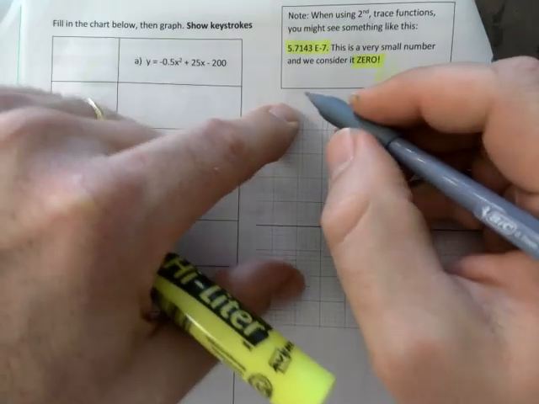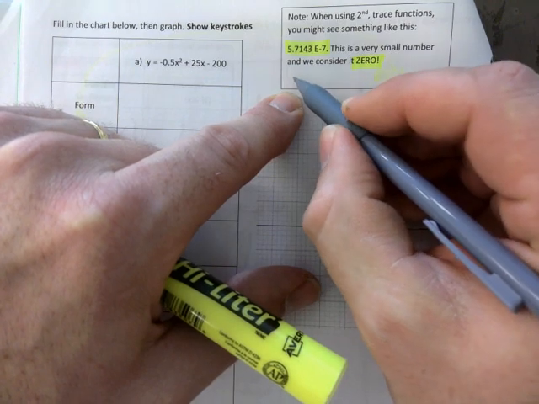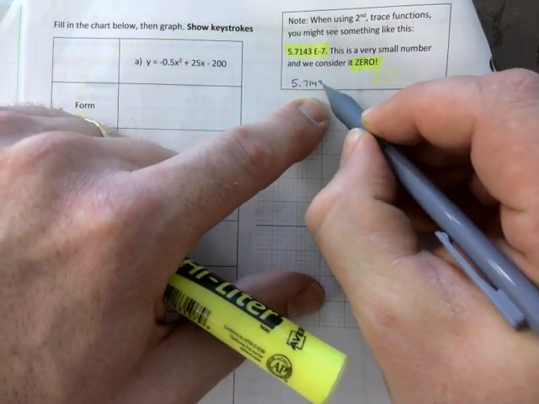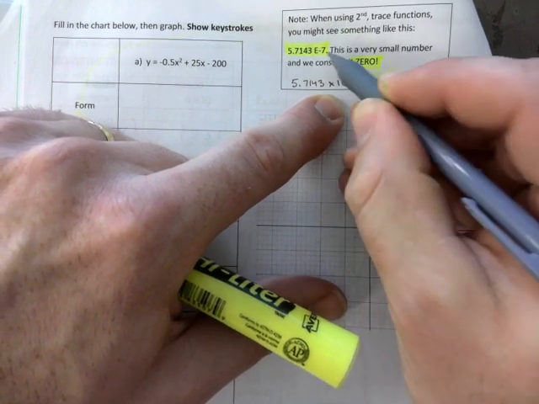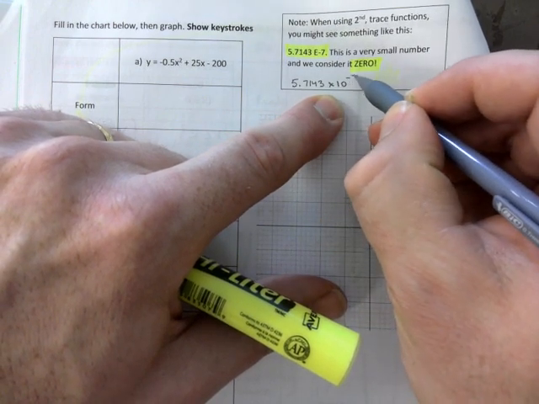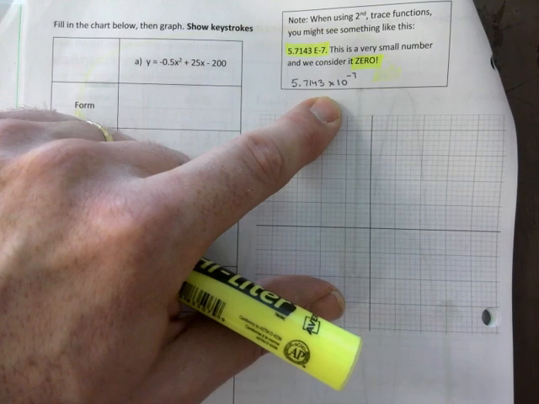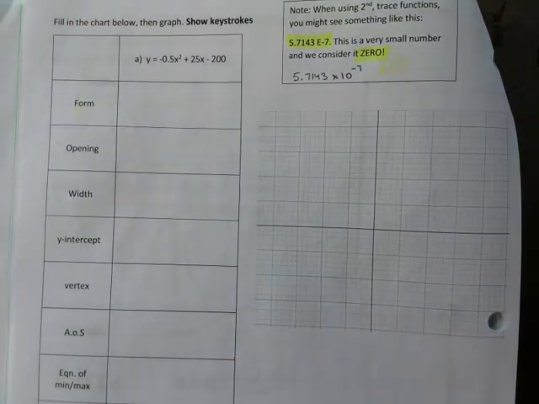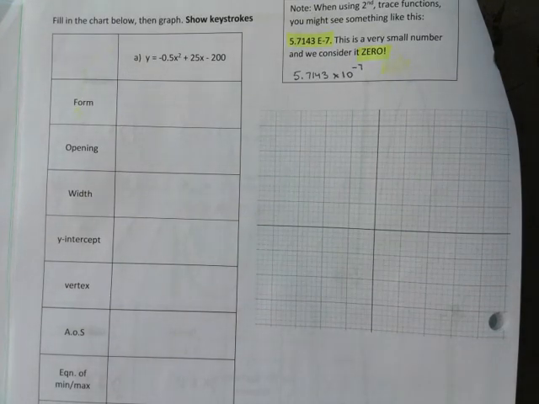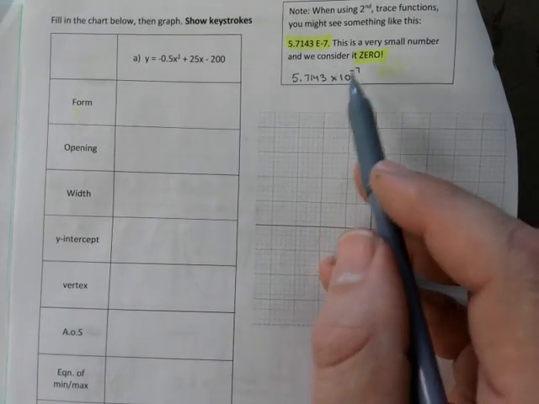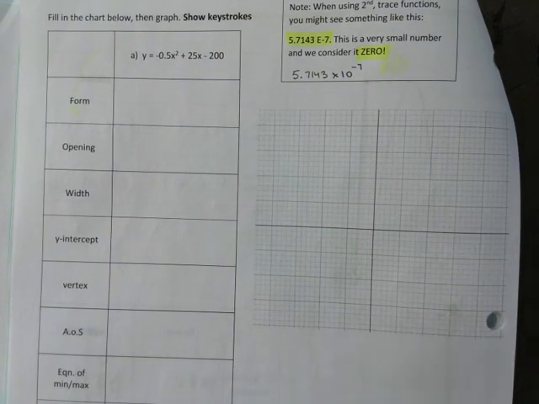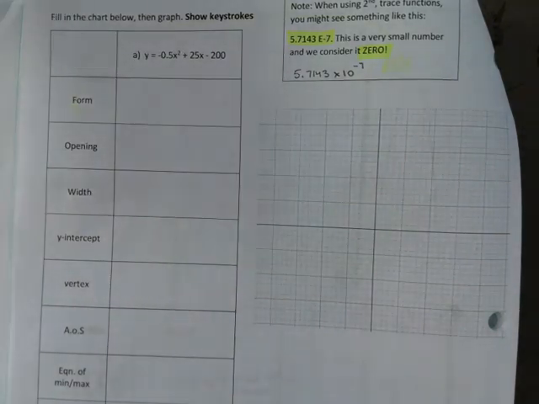It's the equivalent, if you're taking chemistry or anything like that, of saying this times 10 to the power of negative 7, which is a very, very small number, right? We don't consider that. We would consider that 0, okay? So if that ever happens to you, be warned. Sometimes the calculator tries to be so precise that it will give you this. We don't worry about it. Okay, let's start here.